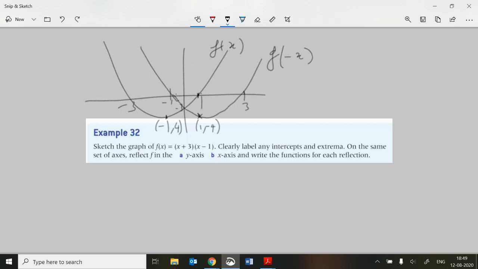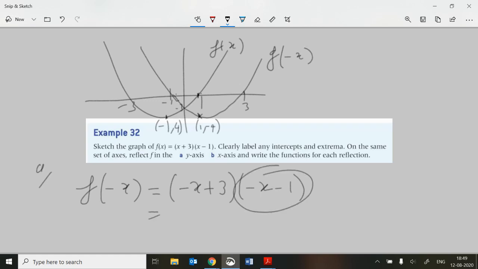So this is kind of interesting algebraically, because we can now say we're looking for part A, f of -x, and that just requires us to replace all of our x's with -x in those functions. So we've got -x minus 1. And we probably want to tidy that up a bit. I could take a factor of -1 out of this bracket and bring it to the front. So now I've got x plus 1 there. And then the other bracket I could write the other way around. I could write that as 3 minus x.